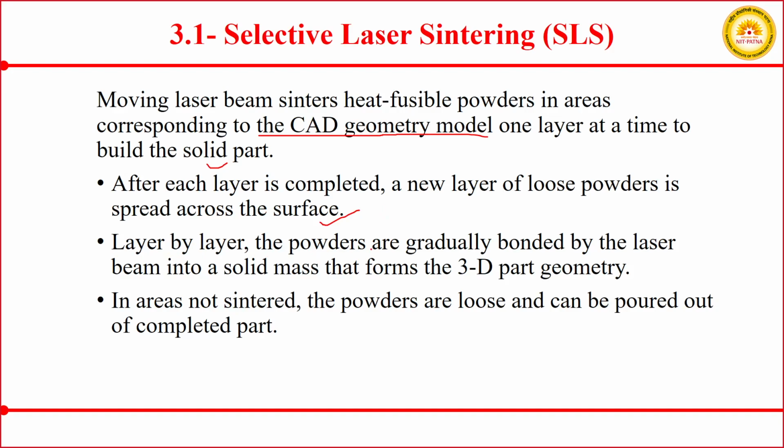Layer by layer, the powder is gradually bonded by the laser beam into a solid mass that forms the 3D part geometry. In areas not sintered, the powder is loose and can be poured out of your completed part. So this unused powder can be taken away, and it can be reused during your selective laser sintering process.